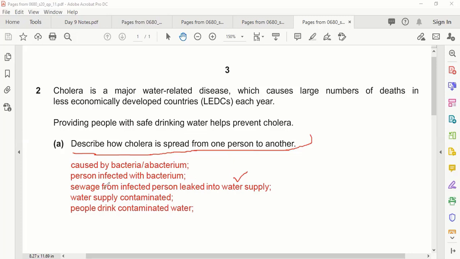Maybe sewage water, meaning dirty water, is mixed with the drinking water, and if a person drinks that water, he catches cholera. After that, from him it can affect other people by spitting on the ground, and sometimes through contaminated items like the containers or the glass of water he is using. If you drink from that, there are a lot of chances of infection. So these are the main reasons.